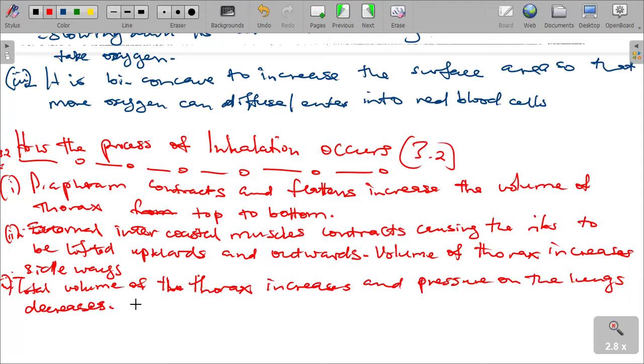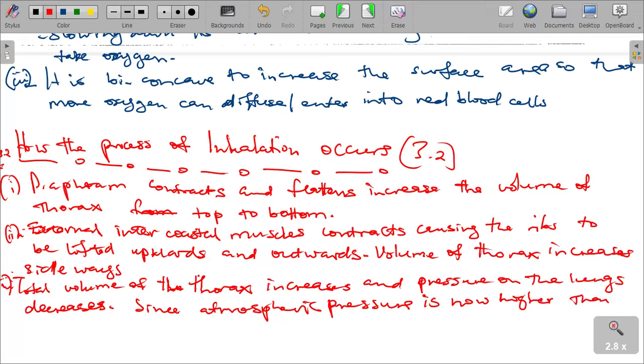Therefore, atmospheric pressure is now higher than the pressure in the lungs.